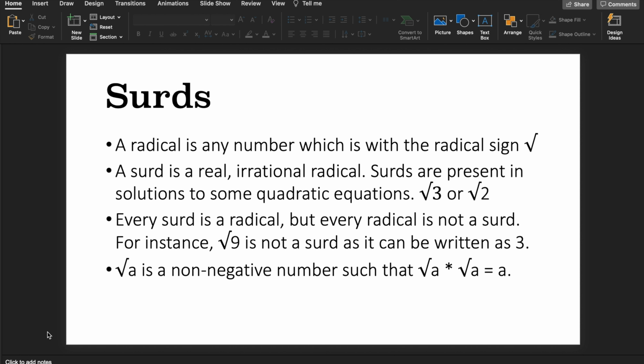The next point is that square root of a is a non-negative number such that square root of a into square root of a, meaning square root of a whole squared, is equal to a. Just remember that this is very important: every surd is a radical, but every radical is not a surd. A radical can be irrational or rational, but a surd has to be an irrational radical.